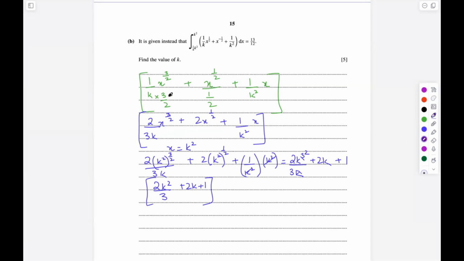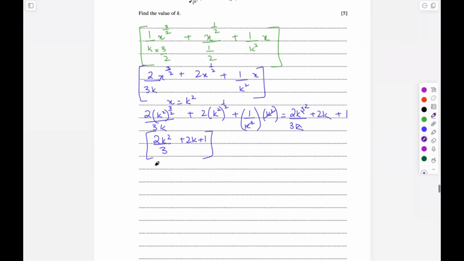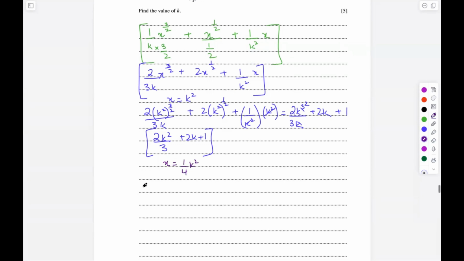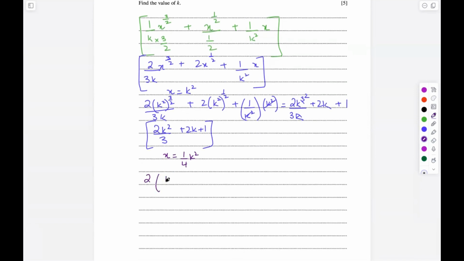So the lower limit is 1 upon 4k squared. Now substituting x equals 1 upon 4k squared into the equation, we'll get 2 into 1 upon 4k squared to the power 3 upon 2, and we already had 3k in the denominator, plus 2, and x is now 1 upon 4k squared to the power 1 upon 2, plus 1 upon k squared, and again x value is 1 upon 4k squared.